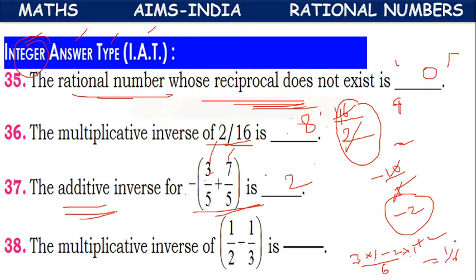So we have 1 by 6 after simplification. But they are asking the multiplicative inverse of this value, that means the multiplicative inverse of 1 by 6, which is 6 by 1. So we can write 6 here.